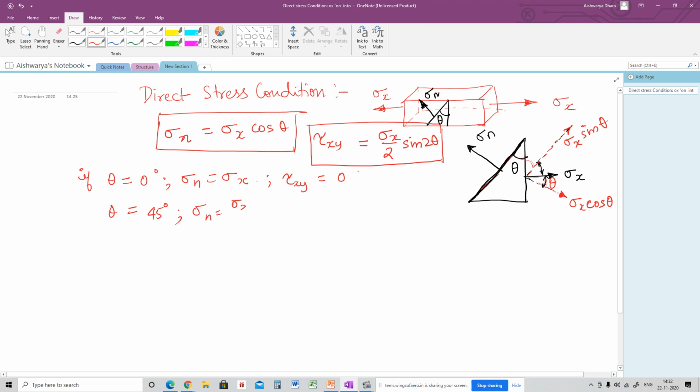That means sigma x by root 2. Yes, ma'am. Next, tau xy will be sigma x by 2. Now when the theta is 90 degree, you have to remember all those conditions.